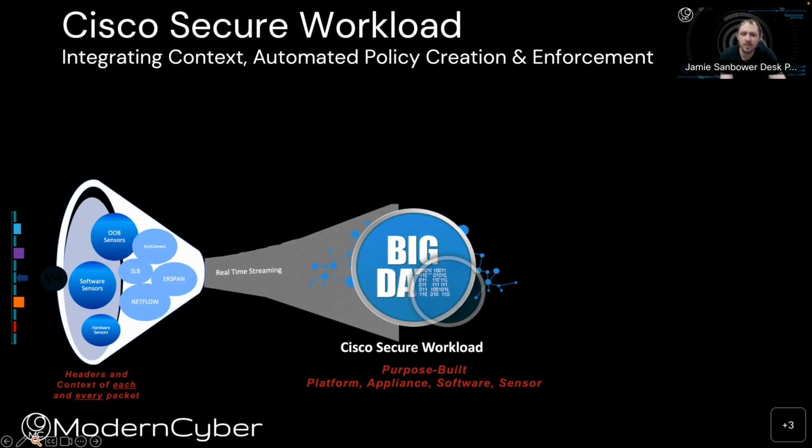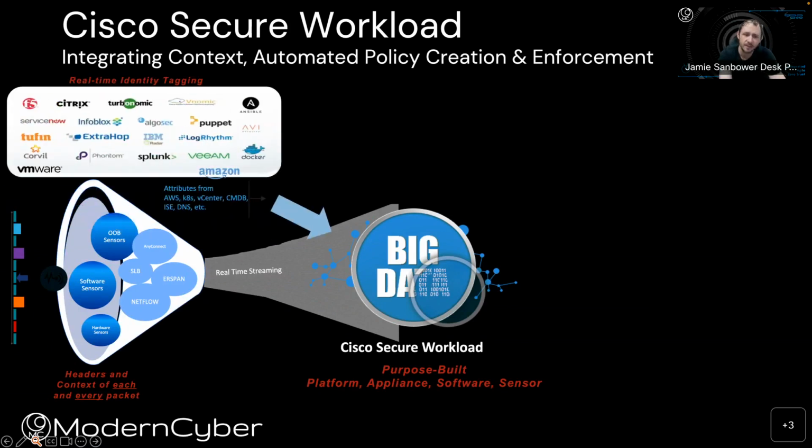Now, one of the biggest benefits of this is we can start to use that flow communication and match it up with context. So whether it be Cisco ICE or a third party like using ServiceNow CMDB data, AWS data, Docker data, Kubernetes data, all can actually mark up and give the appropriate level of context to those flows.